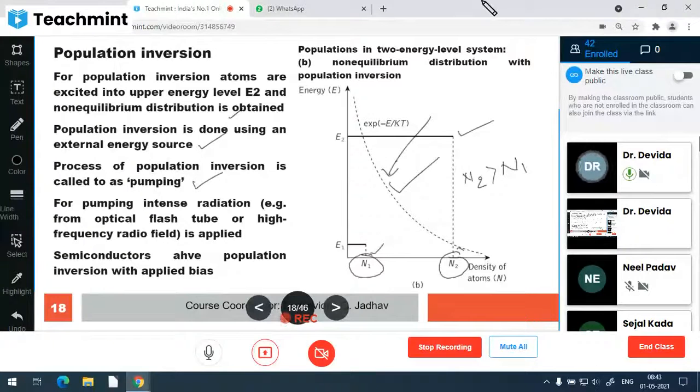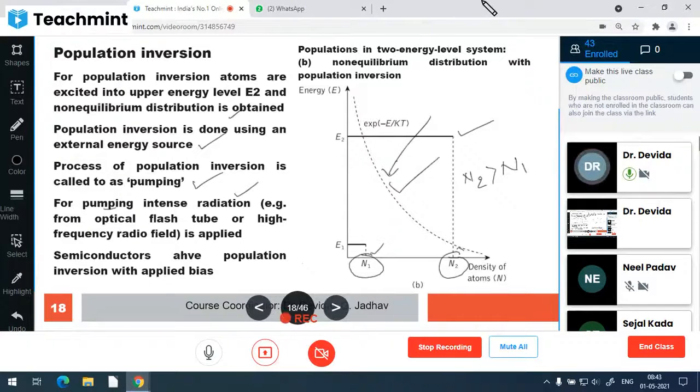The energy is pumped into the crystal structure. Energy is supplied externally from the energy source to the crystal structure, so that a large number of atoms go into a higher energy state by absorbing that external energy. That external energy source or pumping may be done from various external energies.